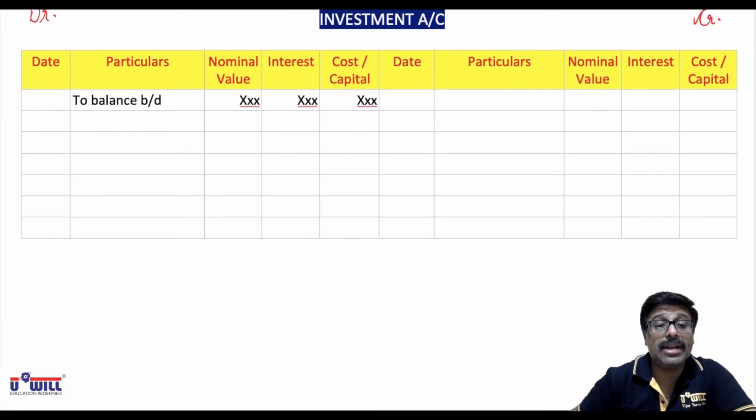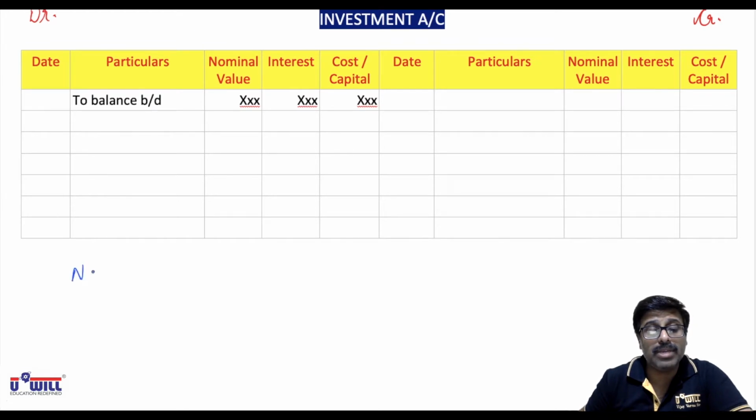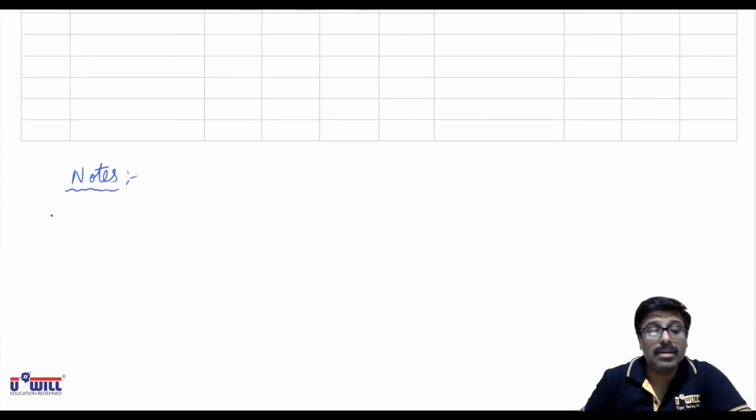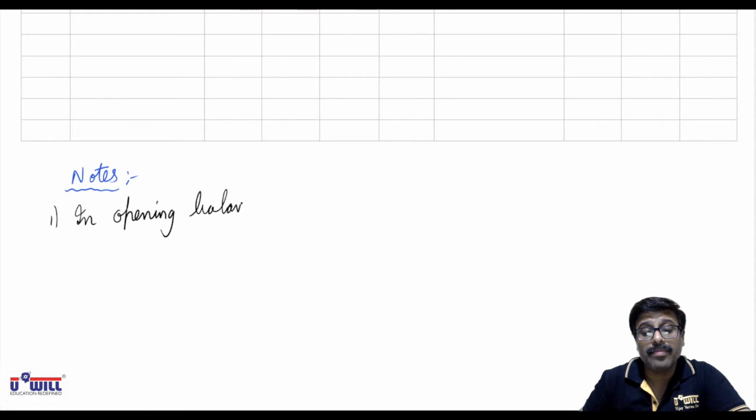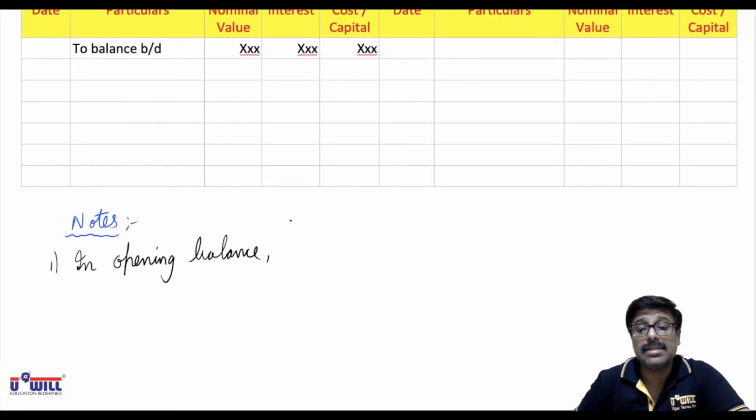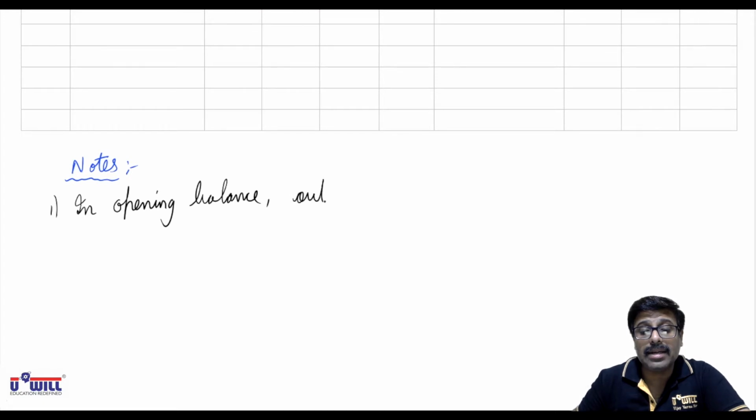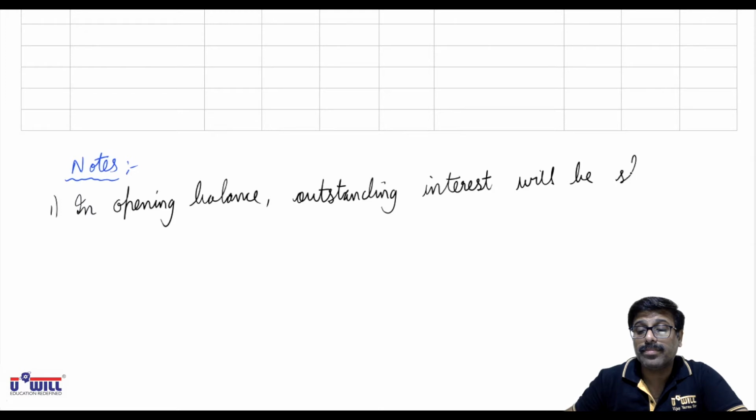So as a note, you can write down: in case of opening balance, outstanding interest will be shown in the interest column.